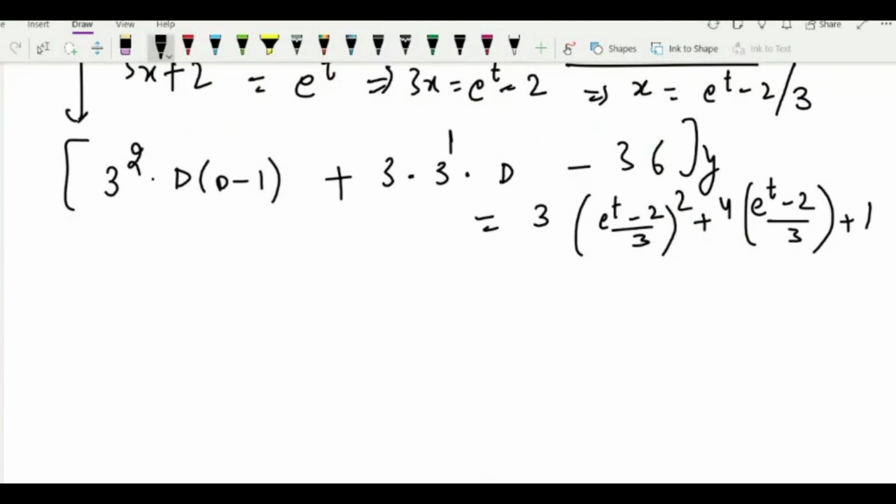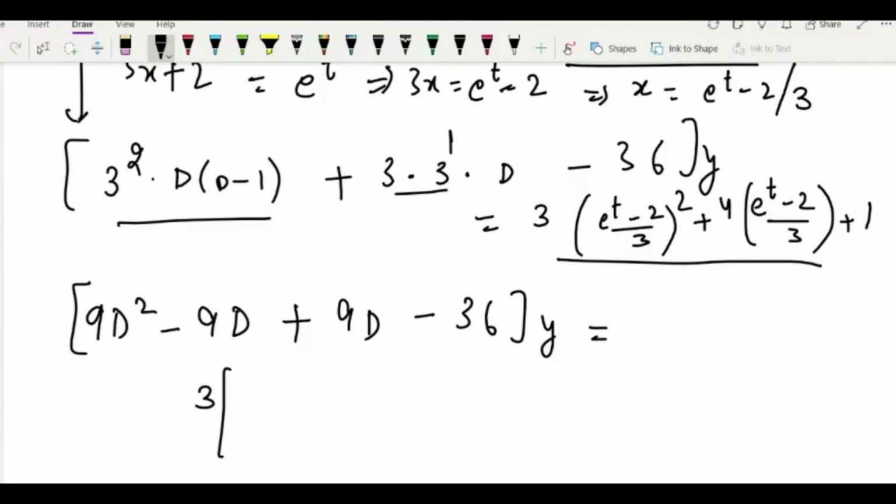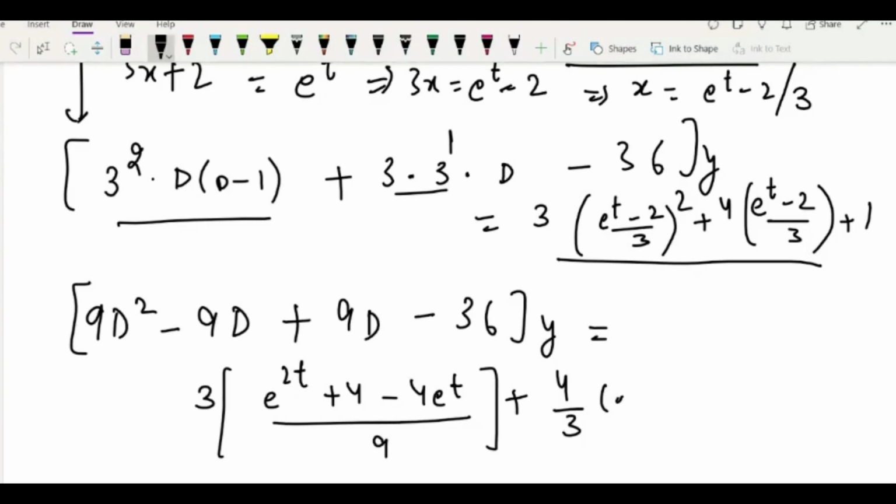Just simplify. Here we get 9D square minus 9D plus 3 3s are 9D minus 36 into y is equal to, also simplify this side. We get (a minus b) whole square, a square plus b square minus 2ab, upon 3 square is 9, plus 4 upon 3 (e^t minus 2) plus 1.